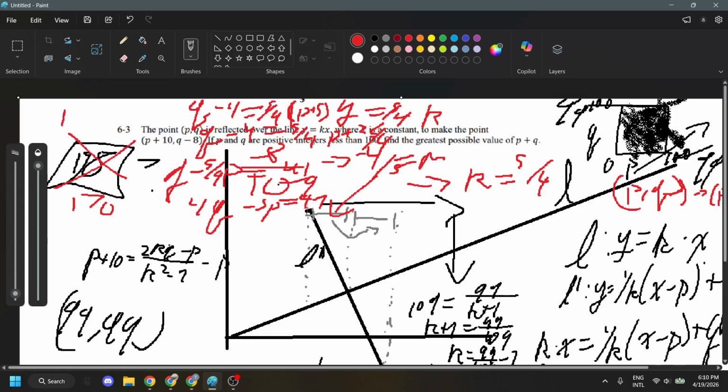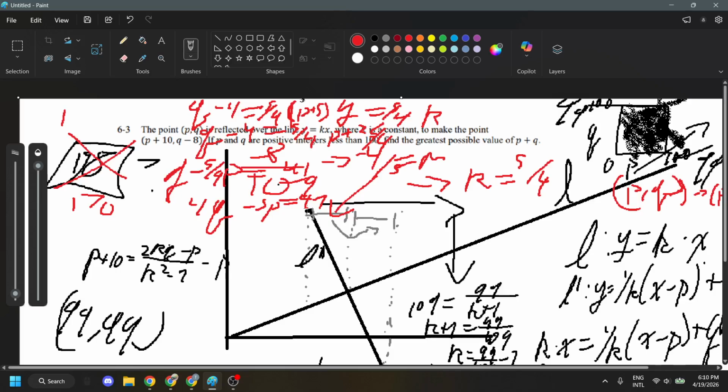Are we sure? Multiple 4 can be 16 minus 5 is 1.